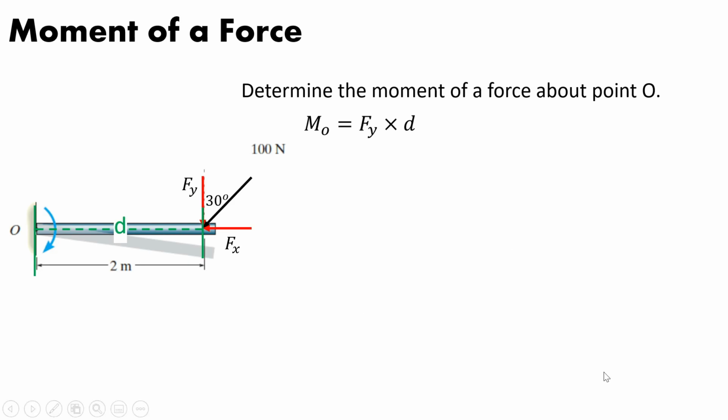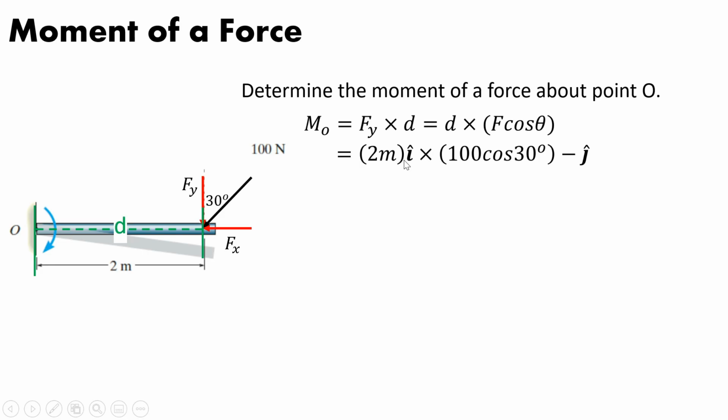Now, the moment of force due to Fy is equal to d times F cosine theta. So that will be 2 meters i hat, and Fy is going down, so that is negative j hat, and that is 100 Newton cosine 30. That is positive 2 i meters times negative 86.6 j hat Newton.